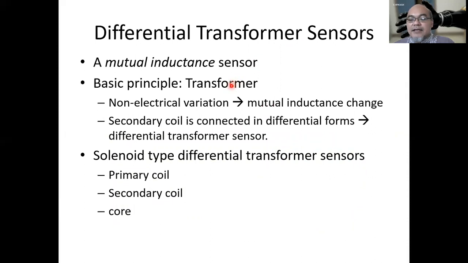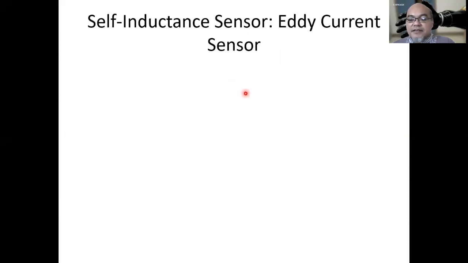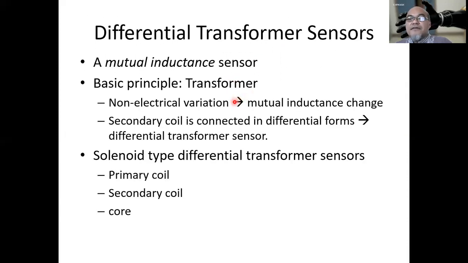Then the second type, besides the self-inductance sensor, the second type of inductance-based sensor is what we call the differential transformer sensor. Perhaps you have learned transformers?